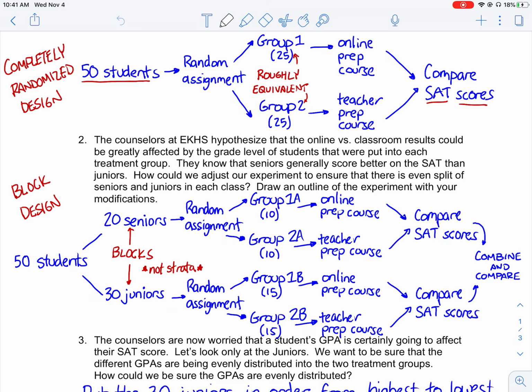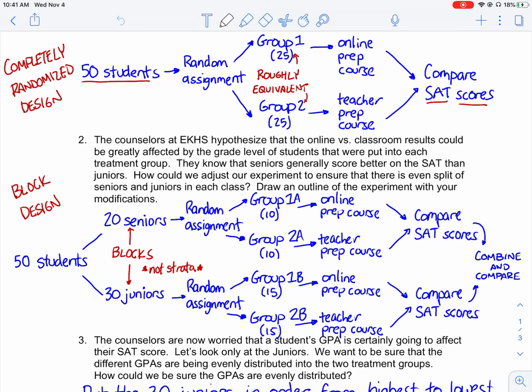The last two students on the list have a very low GPA. In this situation, we're making sure that the kids with the lowest GPA are evenly distributed to the two groups. Is that making sense to you guys?